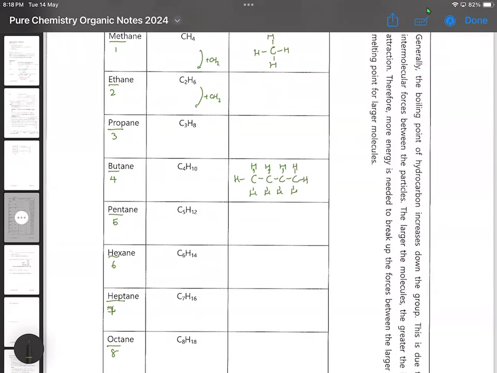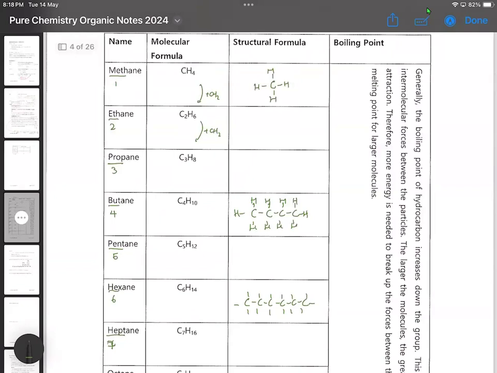So if I do my hexane, it's the same thing. 6 carbon in a row, 6 hydrogen on the top, 6 hydrogen at the bottom. So we have 12, 1 on the left, 1 on the right. So we'll have 14. Okay, so the structure is quite similar. After class, you all can fill in yourself.